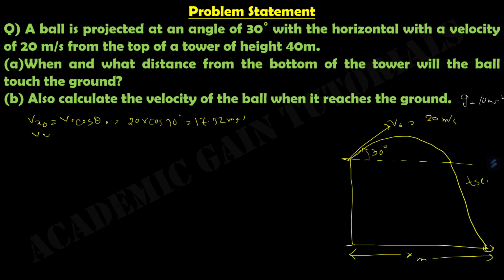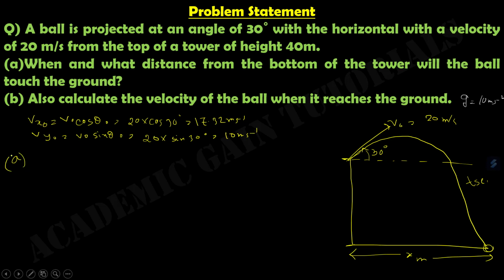And along the y-axis, v y naught will be v naught sin theta naught, which equals 20 into sin 30 degree, which equals 10 meter per second.